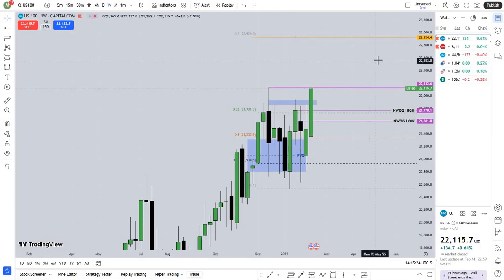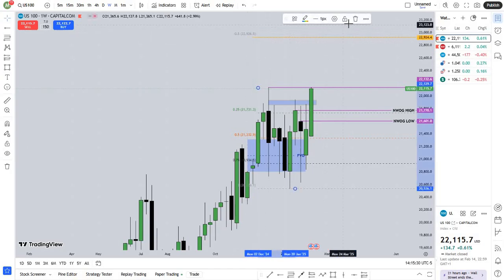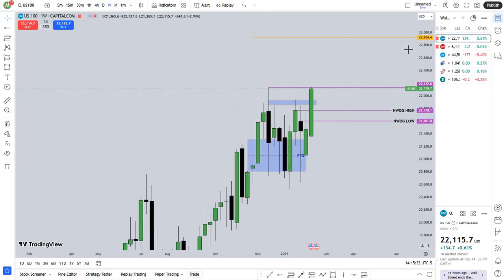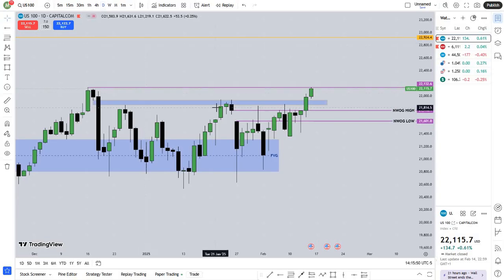That is 22,924.4. So that's the terminus of price I'm looking at. That doesn't mean that we are going to get to it next week, I'm just framing it for a possible drop next week. So now let me go down to the daily time frame.